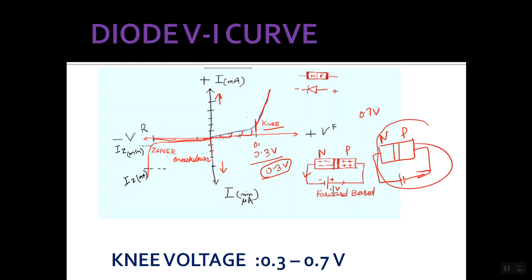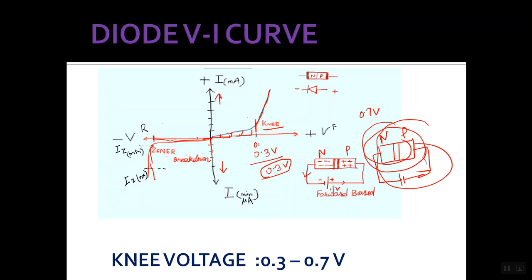And suddenly one point comes when this diode conducts abruptly. There is sufficient increment in the reverse current, and chances are there that this diode may get damaged because of this abrupt high current. Suddenly there will be an increment in reverse current, and this diode can get damaged at this particular point.